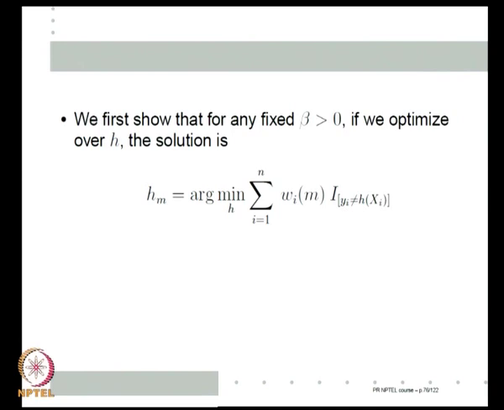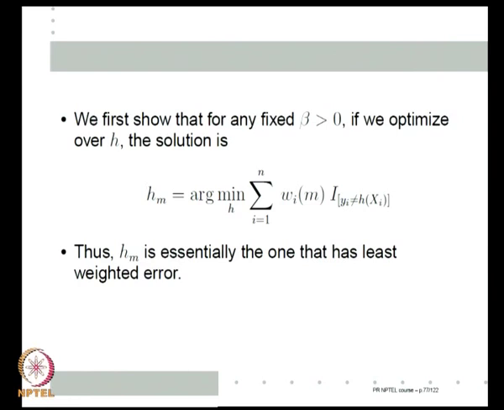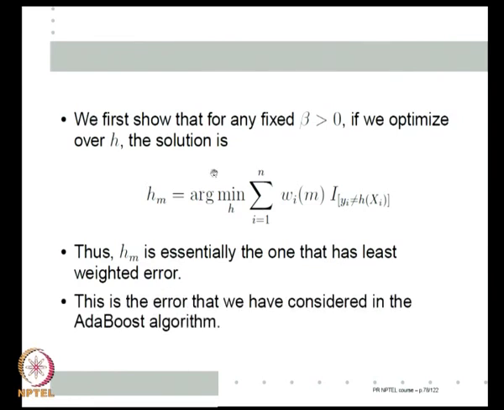This is nothing but the weighted error of a classifier h, weighted according to these w_i^m. And we are saying my h_m is the classifier that has the least weighted error. If these w_i^m happen to be the same weights that we use in AdaBoost, then this is exactly what AdaBoost is doing. h_m is essentially the one that has the least weighted error, and this is the error that we have considered in the AdaBoost algorithm.